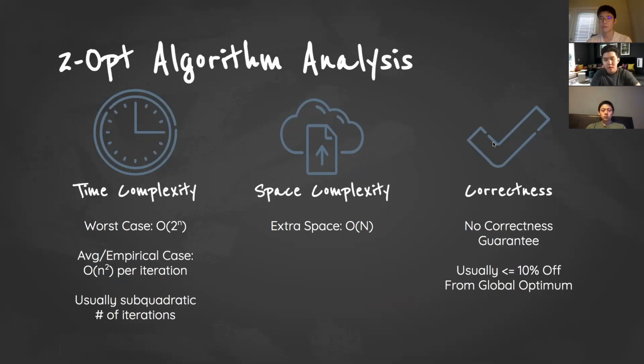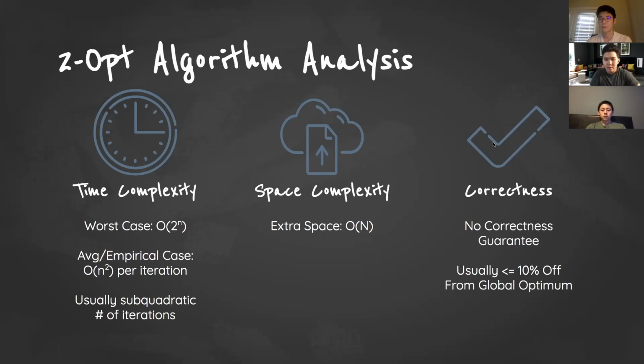So it's actually resulting in fairly almost polynomial time. For space complexity, depending on the implementation, it could have an auxiliary array for copying over the routing. So compared against all the other algorithms, this is a far better improvement in both time and space, resulting in an efficient algorithm. The only problem is that there's no correctness guarantee.